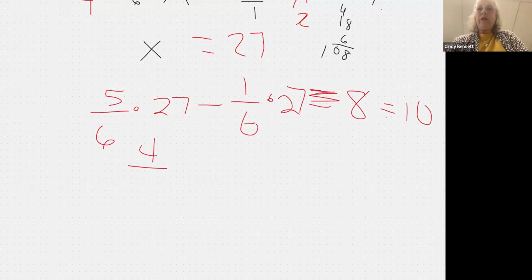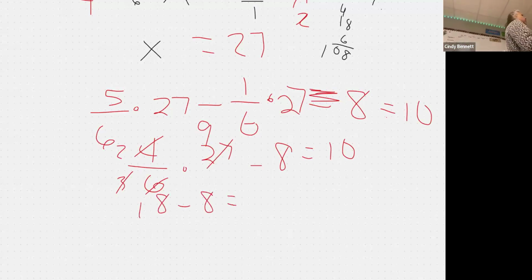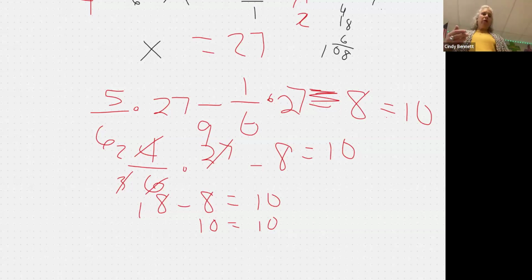So I can cross cancel this, 2 over 3, 3 and 27 is 9. So 18 minus 8 equals 10. 10 equals 10. So it does check out. So that's an example of the numbers being a little weird. It's not as easy to just look at it and figure out what the answer is. But you just keep going, following the rules.